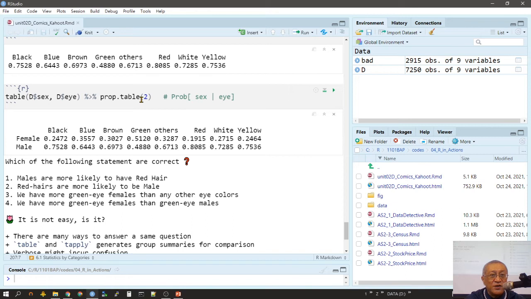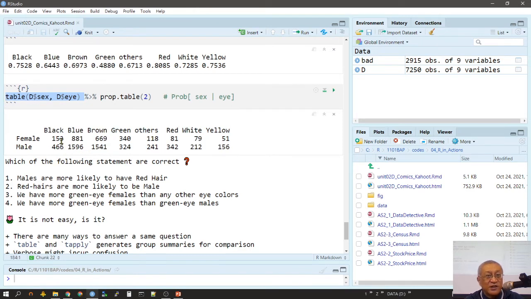If I do this expression, this is actually the count, because table counts the female black eye, female blue eye, it counts the numbers. Now, if I want to turn number into fraction, into proportion, I need to determine in which direction I want to turn it into fraction, right?